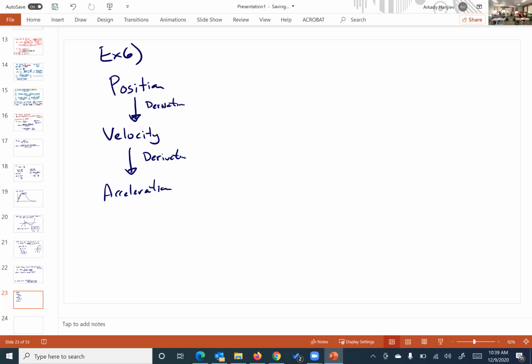I have a car driving along the freeway, and its position is given by S of t.